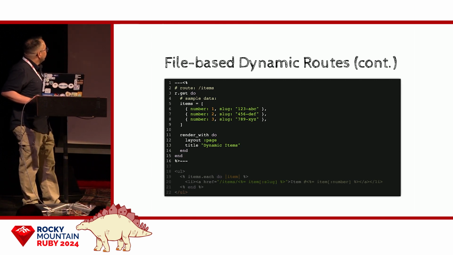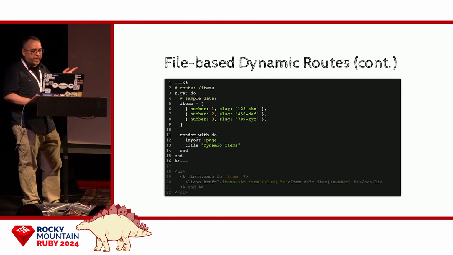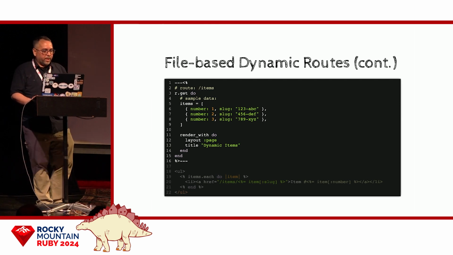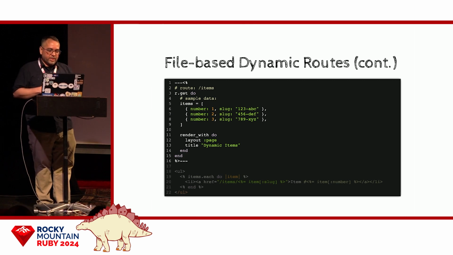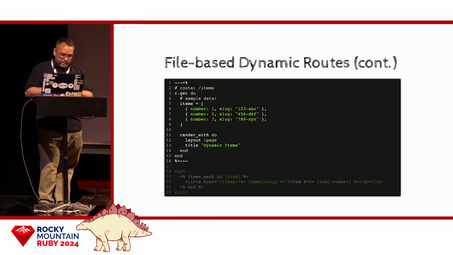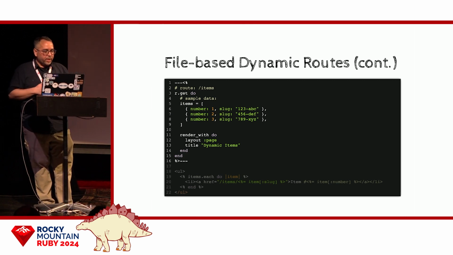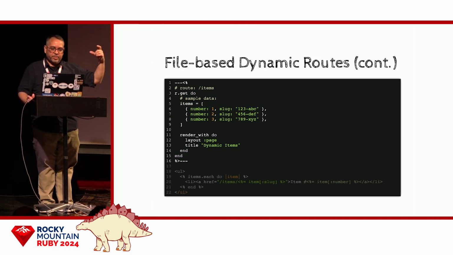Here you have. So you see this dash percent. This is the delimiter they came up with. So this is an ERB file, in this case, items.erb. And then within this ERB file, this top portion, it's this Roda definition that you add at it. Kind of similar to the front matter concept, right?